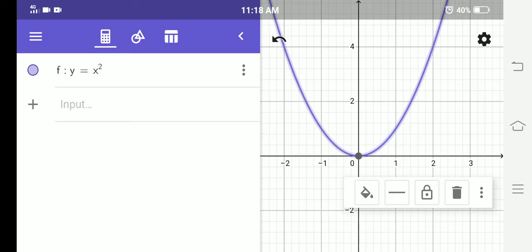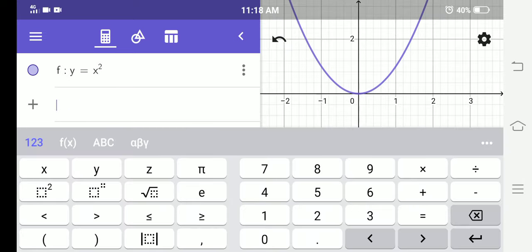So, let's analyze ngayon ano ang magiging itsura ng parabola kapag pinalitan natin yung value ng a. In this case, ano ang value ng a? Okay, the value of your a in y is equal to x squared is positive 1. Ngayon, tingnan natin kung ano magiging itsura ng parabola kapag yung 1 na yan ay ginawa nating 2.